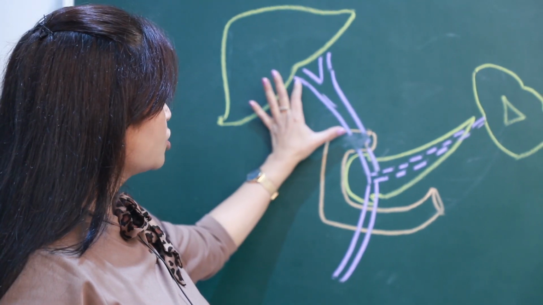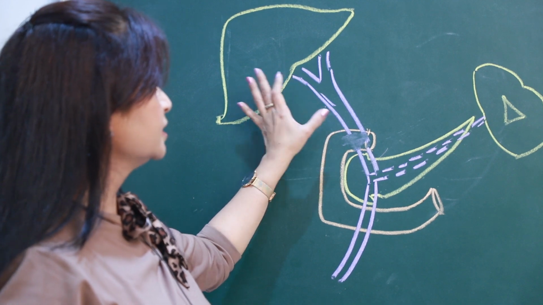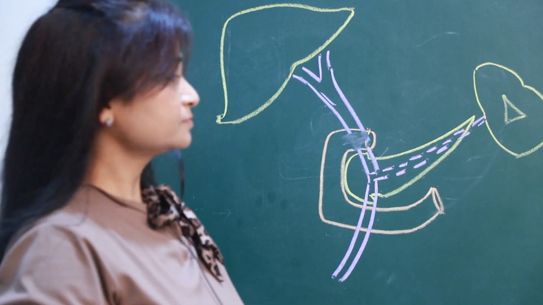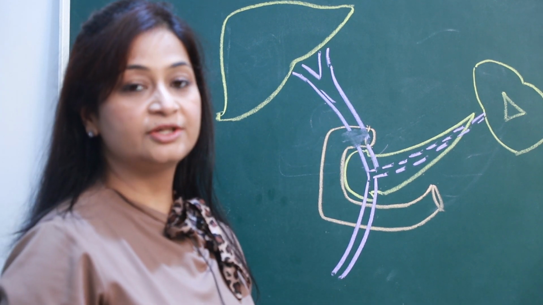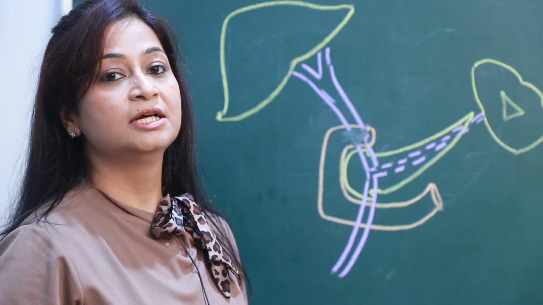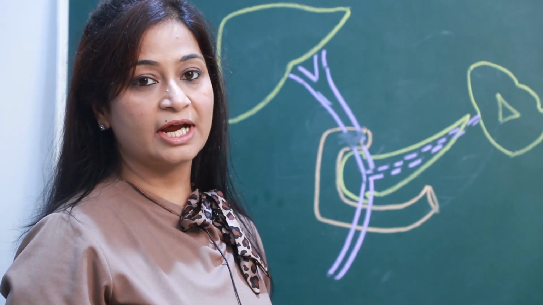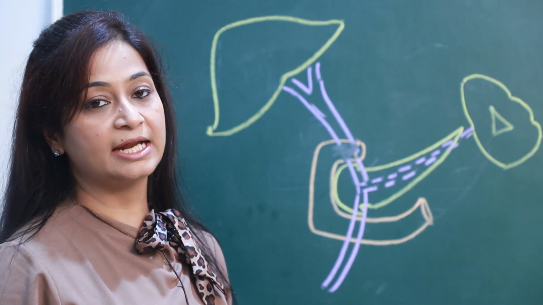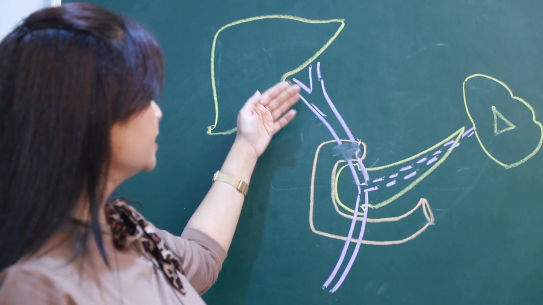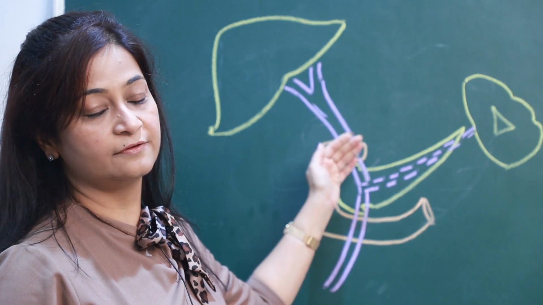Now the relations of the supraduodenal part are very important. They are that anteriorly lies the hepatic artery and the common bile duct. The common bile duct lying to the right and anterior, while the hepatic artery lies to the left and anterior of it. The posterior relation is again the inferior vena cava.